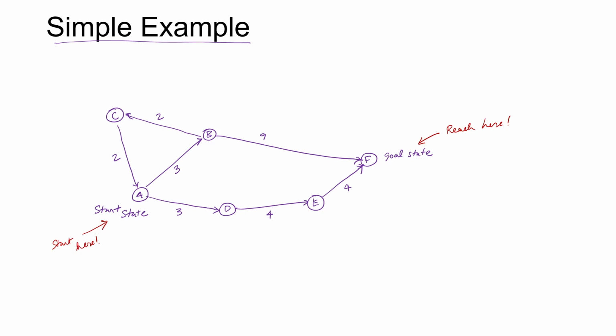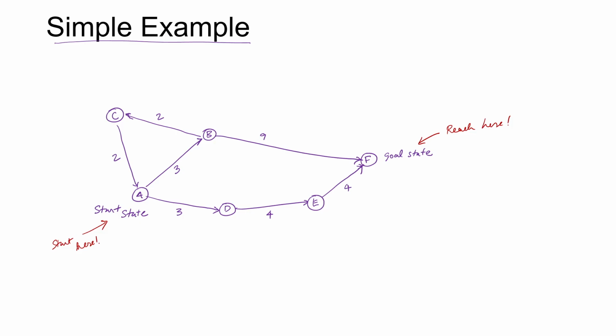So how do you search the tree? Let us give a simple example. Your starting state is A. I am doing the first node: state is equal to A, cost is equal to 0, I have just started.